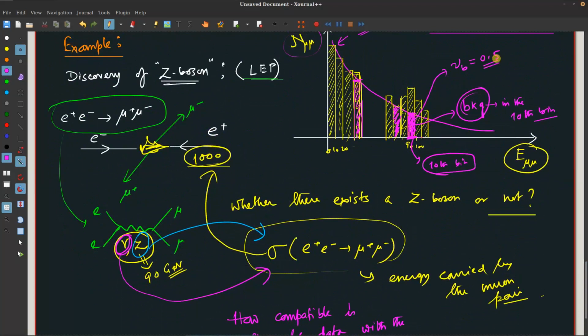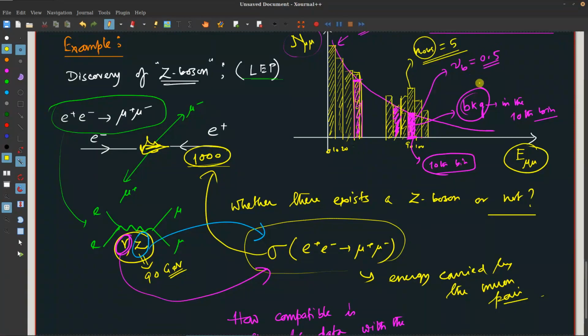Let's say the average number of background events was 0.5, basically the area under the purple curve. And this yellow thing is basically n observed, and that is equal to 5. So you have observed in this particular bin 5 events, whereas if only background was contributing, on average you are only expecting 0.5 events.